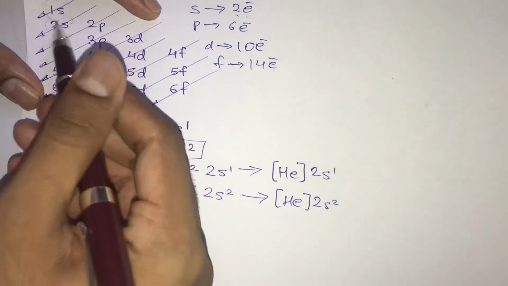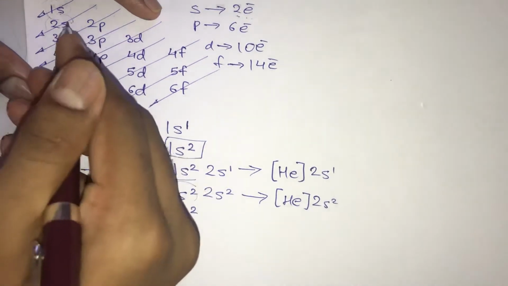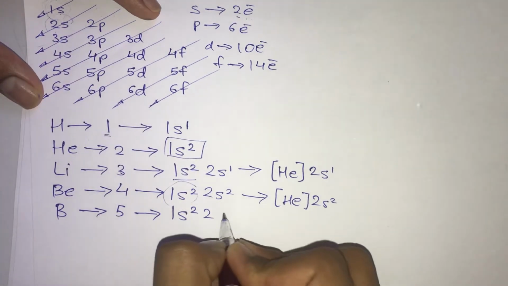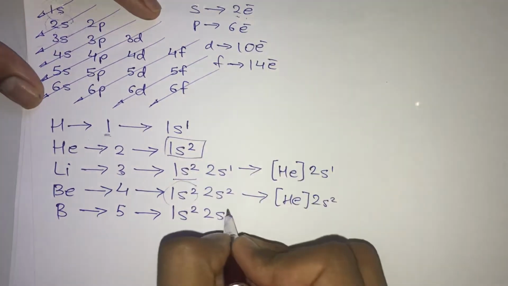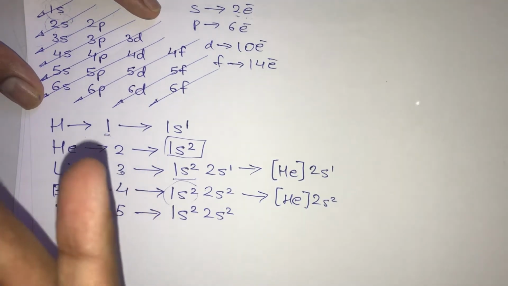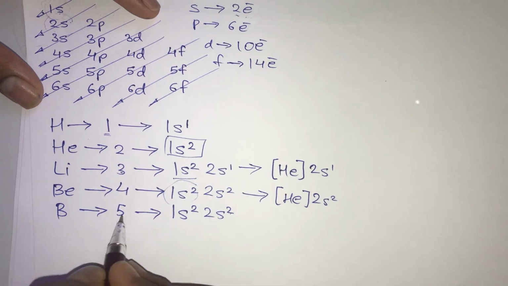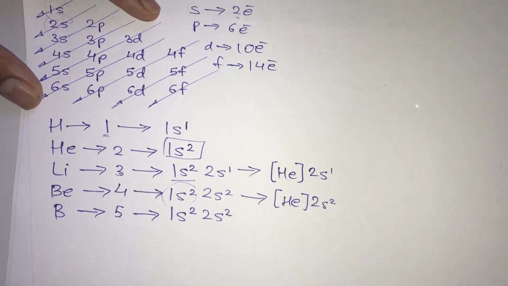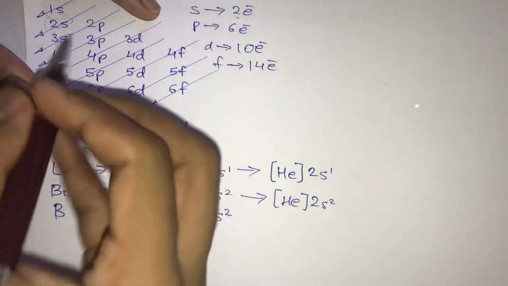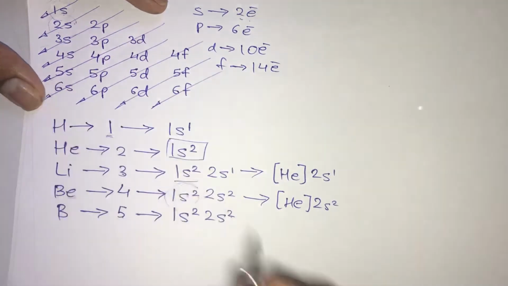In this second diagonal there is 2s present. Am I right? So this 2s can take only a maximum of 2 electrons. So out of the 3 remaining electrons, the 2s is going to take the next 2 electrons. So there is still 1 electron remaining. See, 2 plus 2 is 4, but we want 5 electrons. So the last electron is obviously going to go into the third diagonal. In the third diagonal, first it will go to 2p.